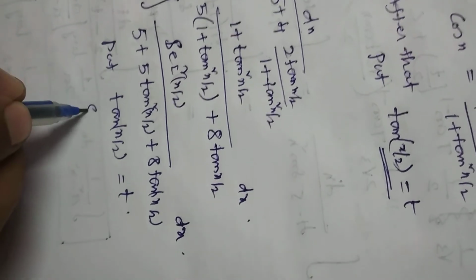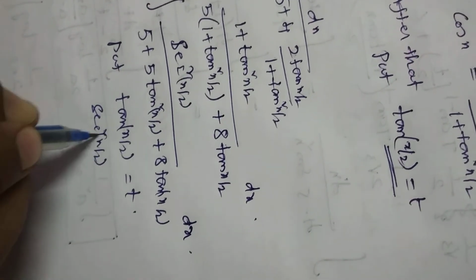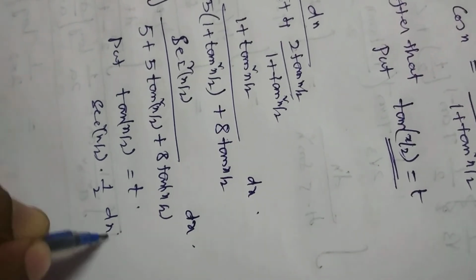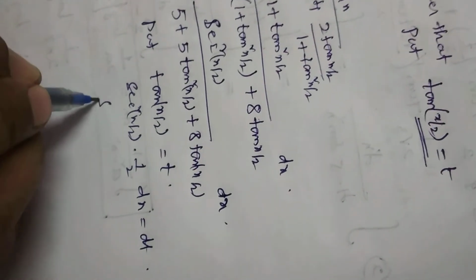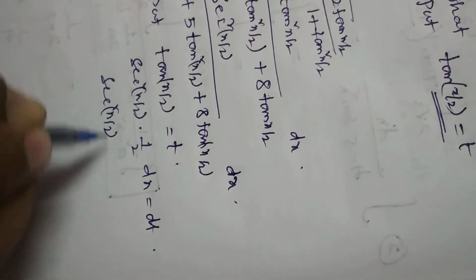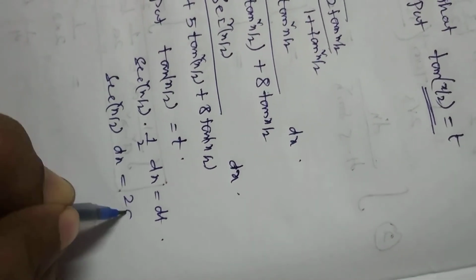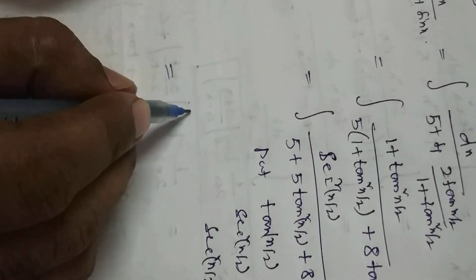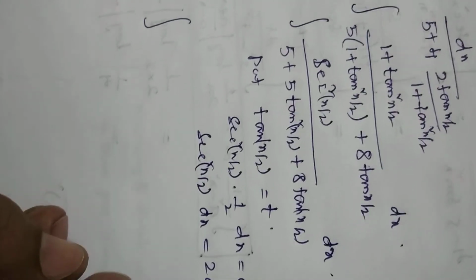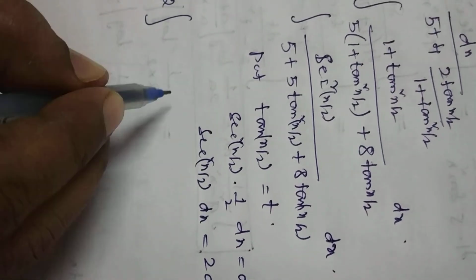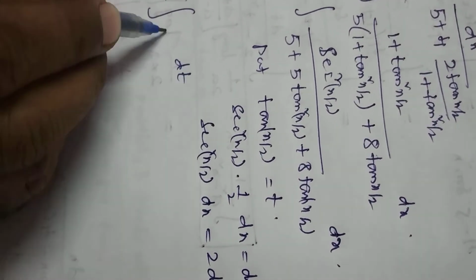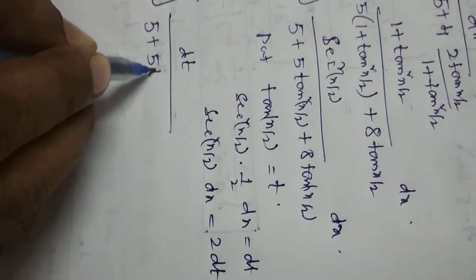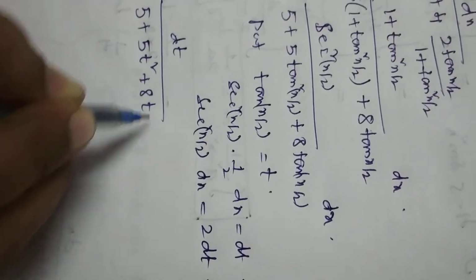Tan x by 2 is equal to t means secant square x by 2 into, again derivative of x by 2 is 1 by 2, dx is equal to dt. Nothing but secant square x by 2 into dx is equal to 2 dt. We have to substitute. So secant square x by 2 dx is equal to 2 dt. 2 is a constant, I am writing it out. 2 dt by 5 plus tan x by 2 is t, so 5t square plus 8t I am going to get.